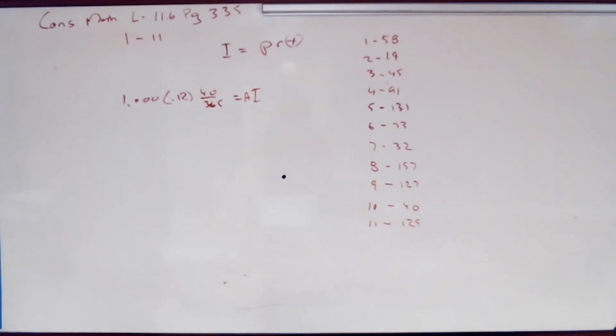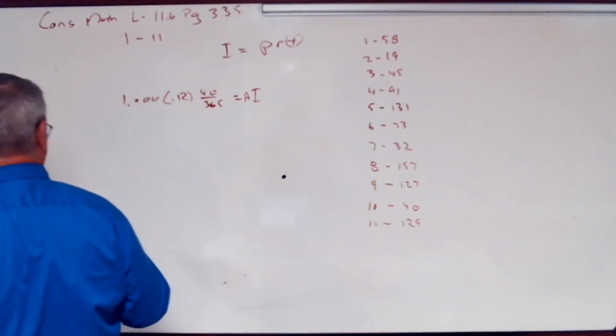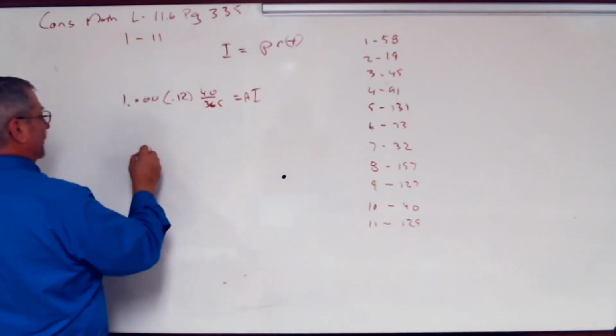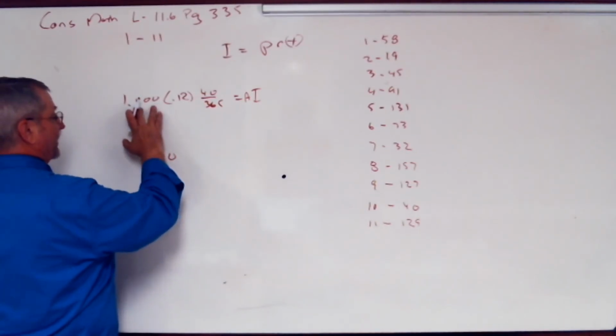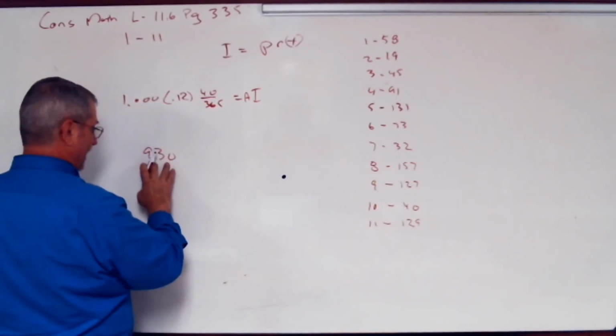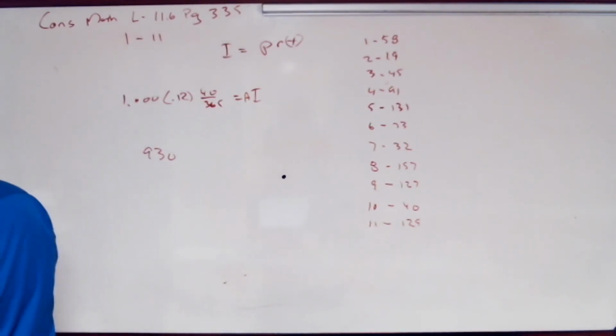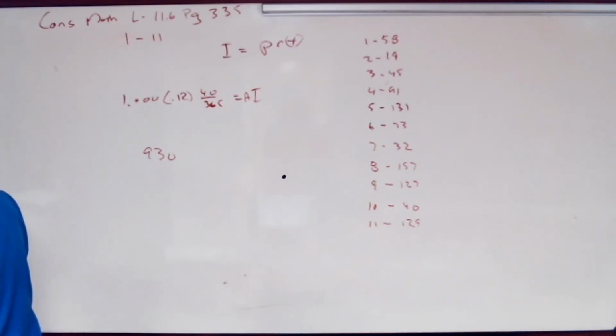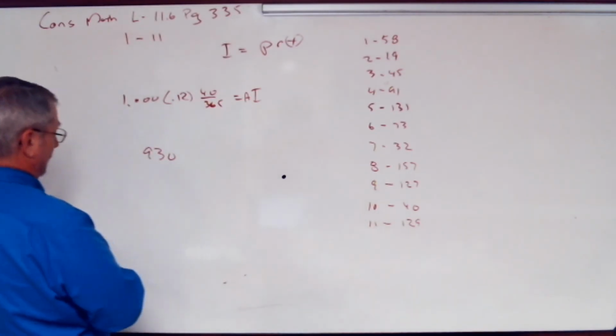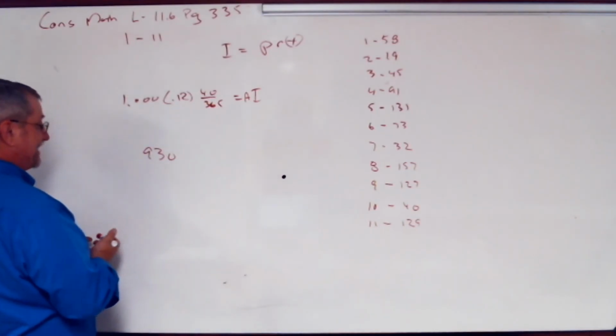Okay, now, for number 10, face value is 1,000, quoted price is 93, that's 93 times 10, that's $930. Bought it for 1,000, we're selling it for $930. Okay, but it also says that the brokerage fee is $10. That means you have to pay somebody to sell it.